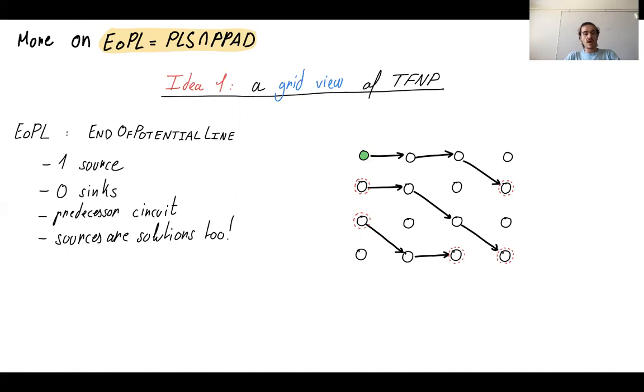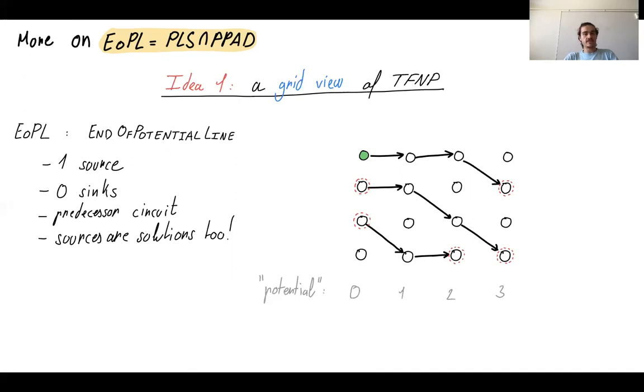We would have one distinguished source and 0 distinguished sinks. We would also have predecessor circuits in addition to the successor circuit. And we ensure syntactically that those two match. And we also allow undistinguished sources as solutions, right?